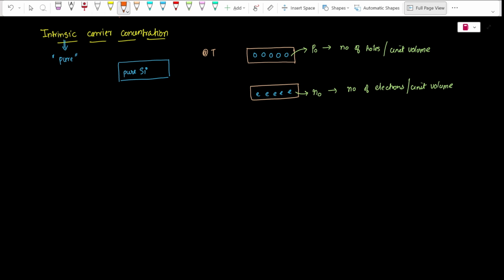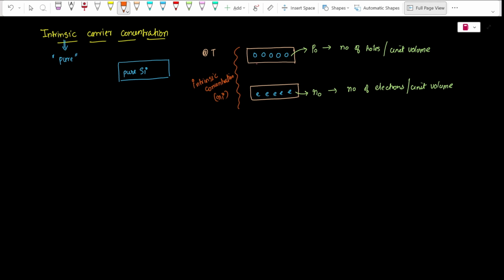Now, since I have taken the case of an intrinsic or pure semiconductor, or pure silicon, these are my pure concentrations, right? So these are the concentrations of holes and electrons when your semiconductor is pure. So we'll call these concentrations by a different name, which is intrinsic concentration, and we'll denote this by Ni.